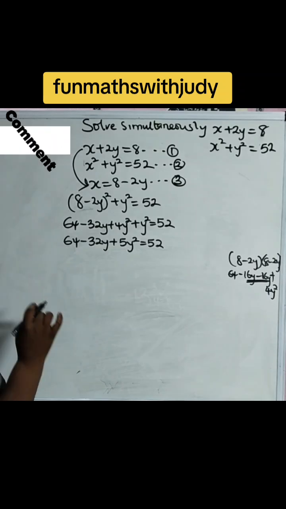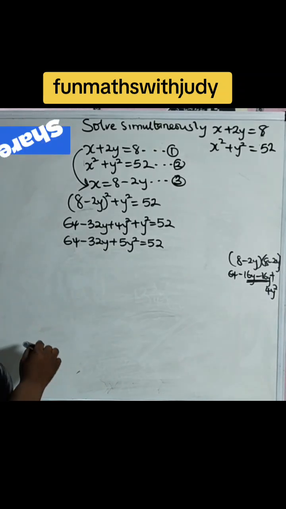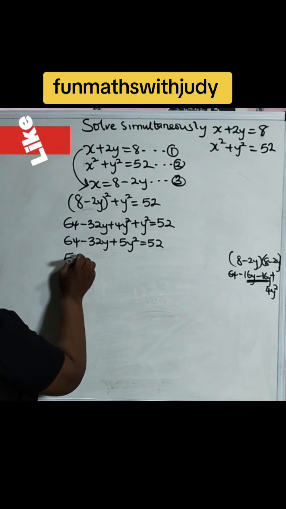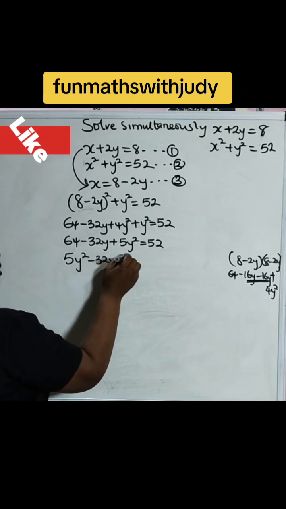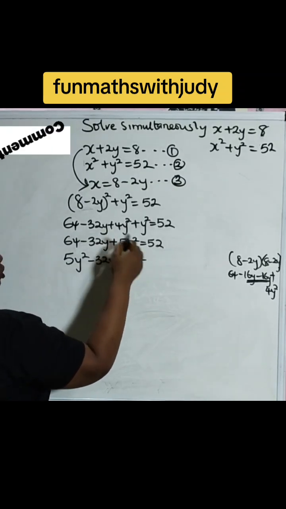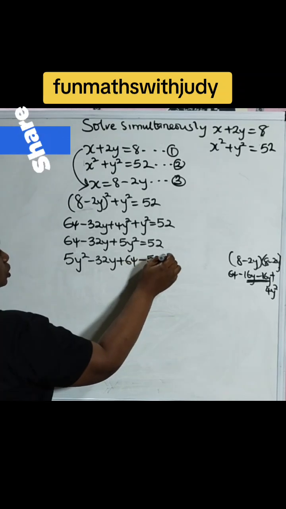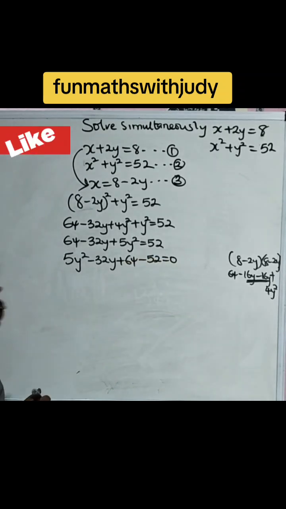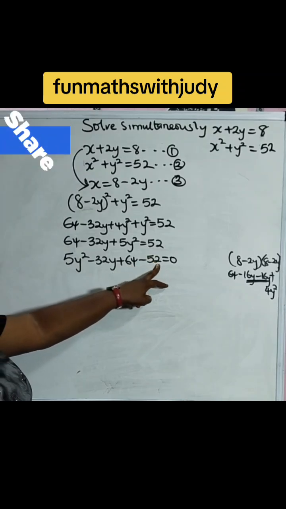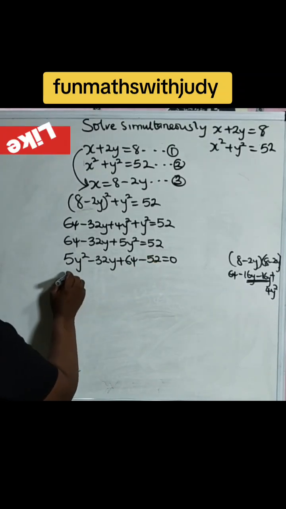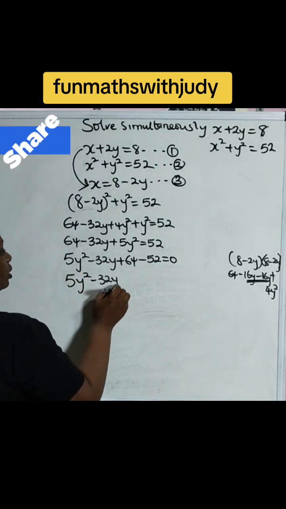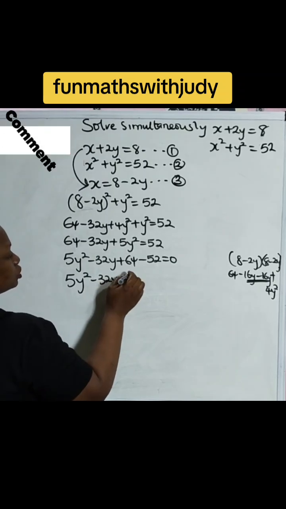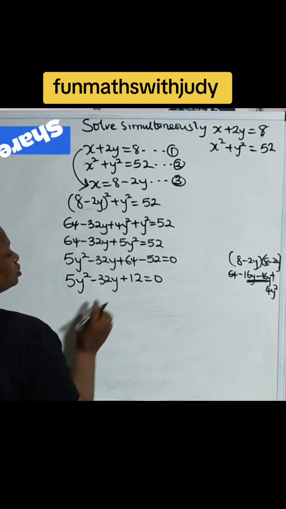Now let's equate to 0 and rearrange our equation. We have 5y squared minus 32y plus 64. This will cross over here, minus 52 is equal to 0. Now 64 minus 52 will give us what? 5y squared minus 32y plus 12 is equal to 0.